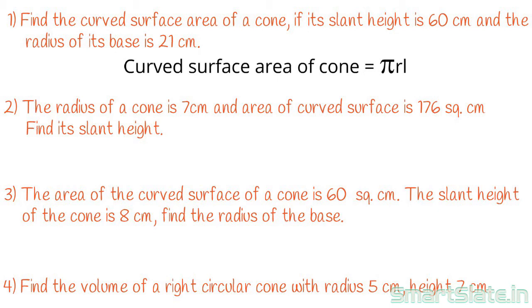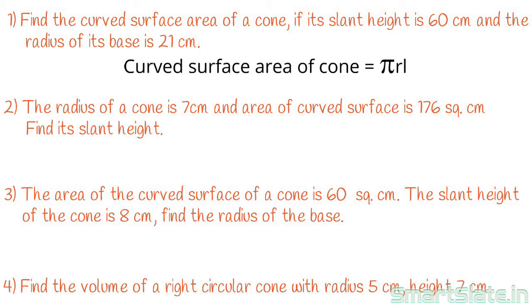Let's see the second problem. The radius of a cone is 7 cm and the area of its curved surface is 176 square centimeters. Find its slant height. Given data is the radius of the base of the cone and the value of curved surface area. The question is to find slant height.